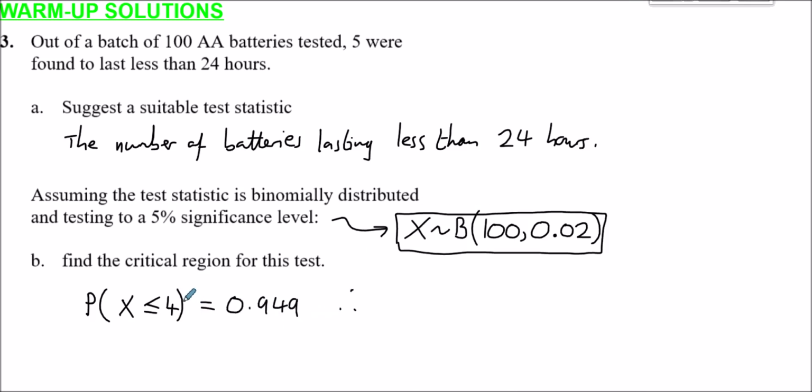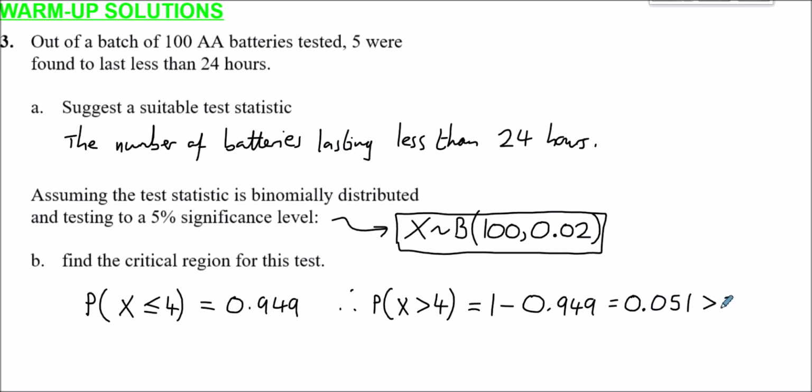So based on this, we can therefore deduce that the probability of the number of batteries failing being greater than 4 must be 1 minus this figure, which is 0.051, which is very, very close to 5%. But ultimately, this figure is greater than 5%, so that's not quite significant. That is still within our 95% limit.